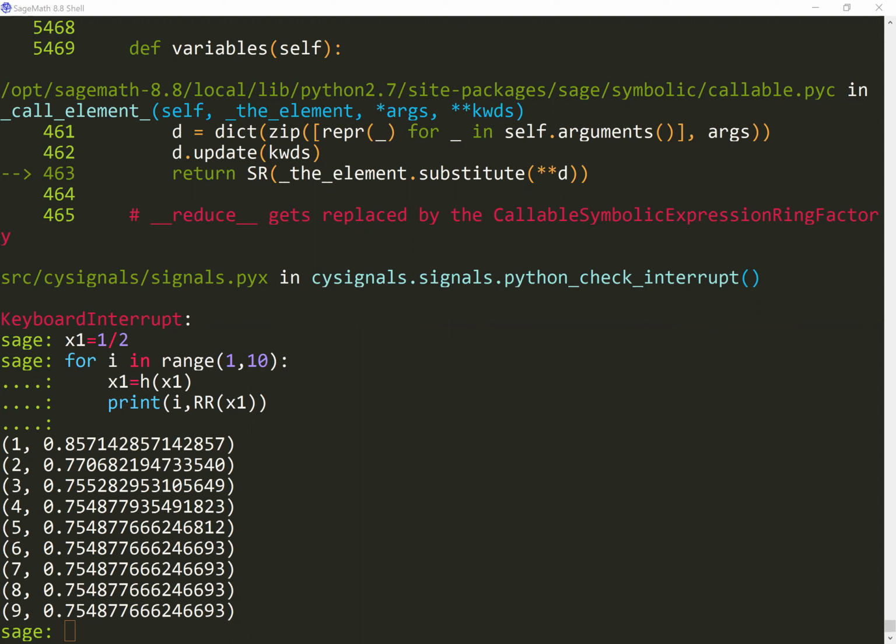So we can check one, 0.7548 and so on, which gives a really good approximation of a root.